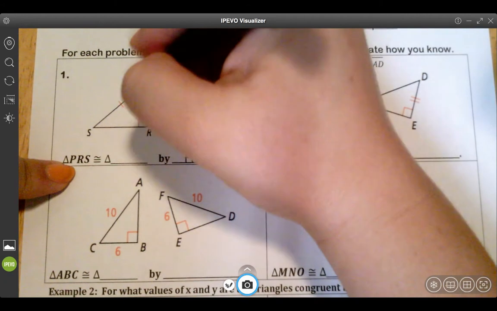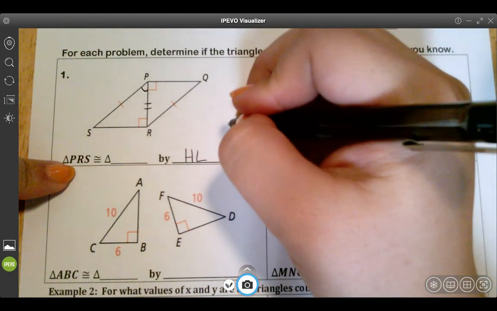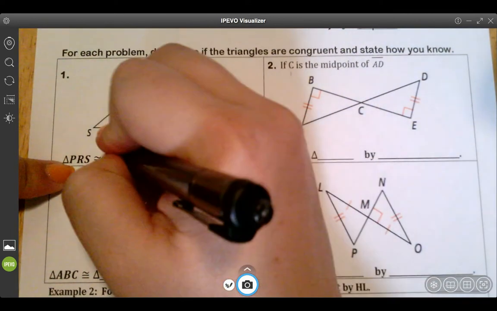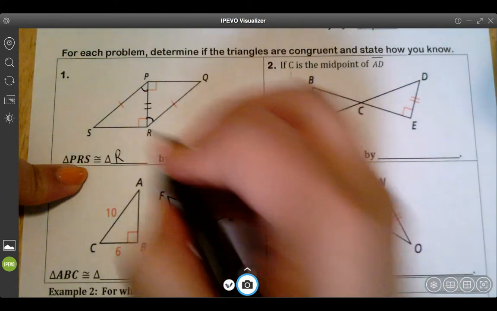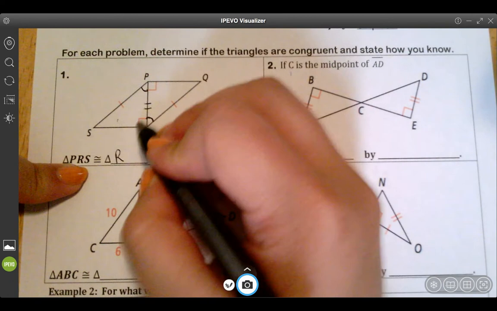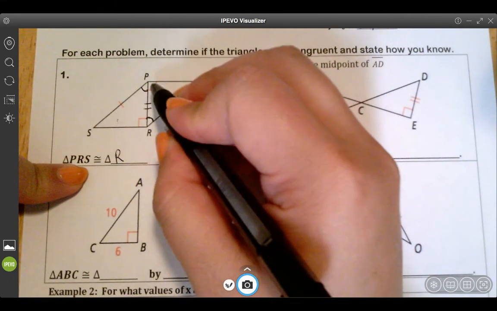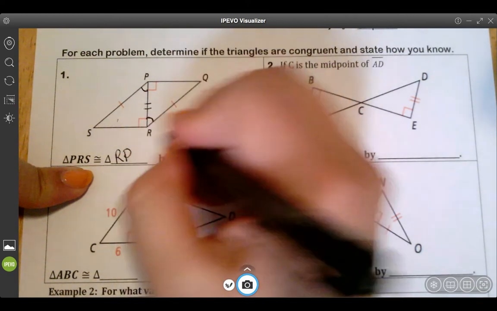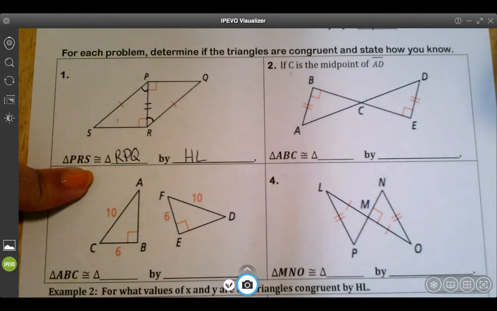P is the one in between the two congruent segments. So R is the piece between the two congruent segments. R in this triangle is my right angle. So in this triangle, it is angle P. S is left over. Q is left over.